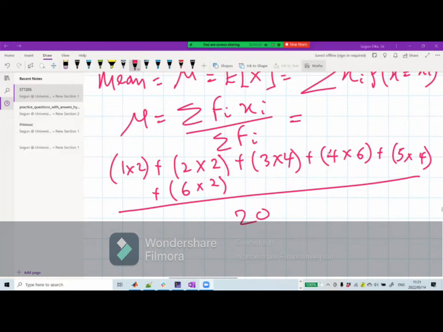So our mean will be 74 divided by 20, which is 3.7. It's still the same thing.